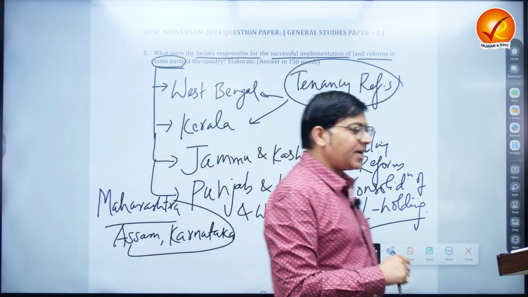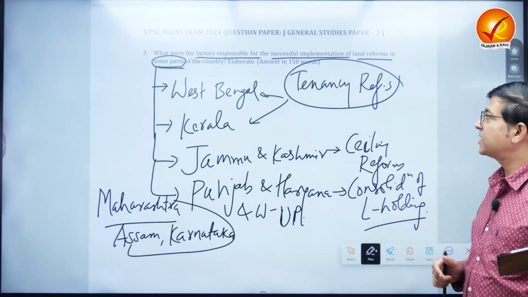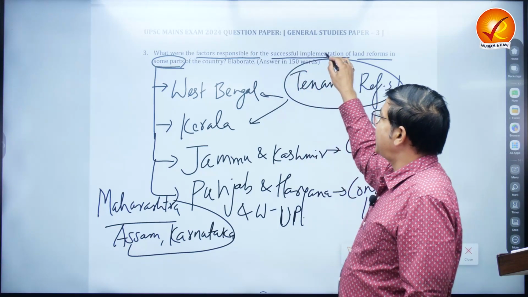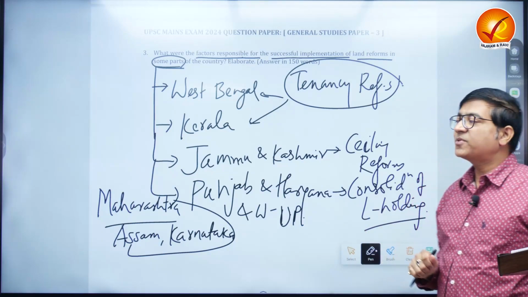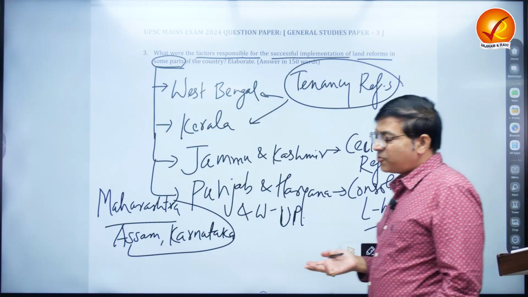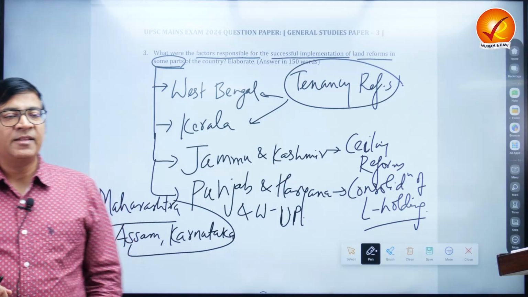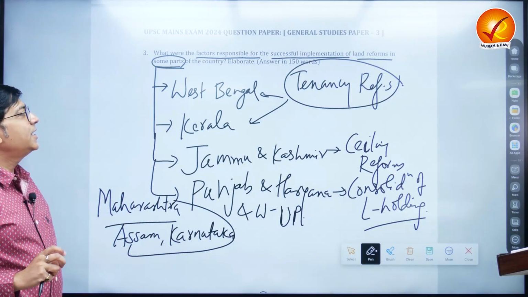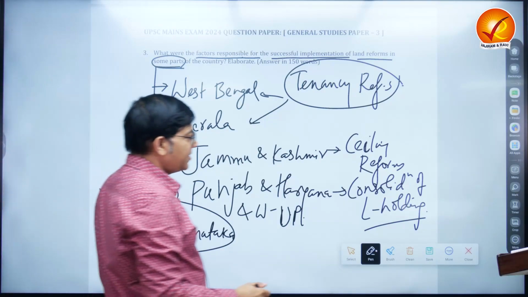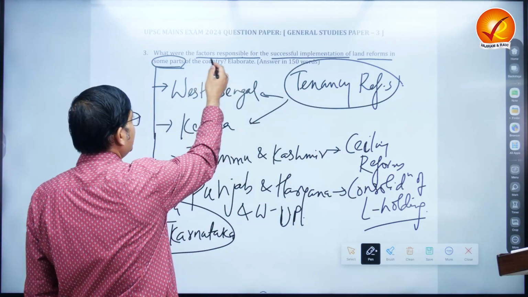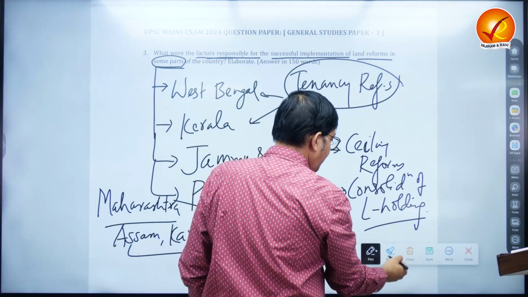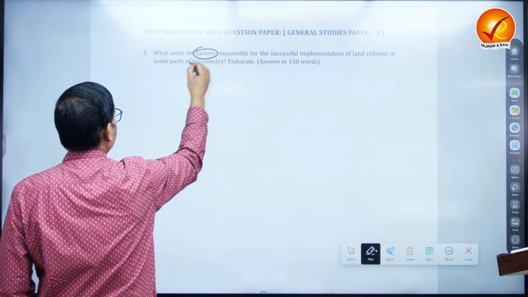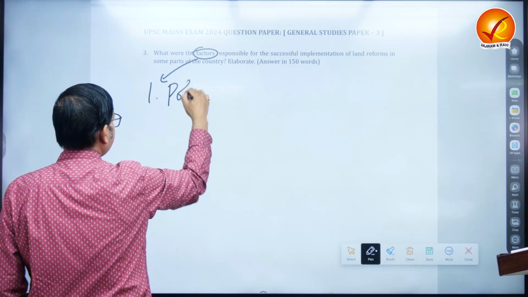Now, this will give you an idea of how you can approach the question. Then you can look into the factors that led to successful land reforms. Well, according to me, you can divide this answer into 2-3 parts. You won't have more words to write. One is political. So, if they ask what are the factors responsible, according to me, the most important factor would be the political factors.